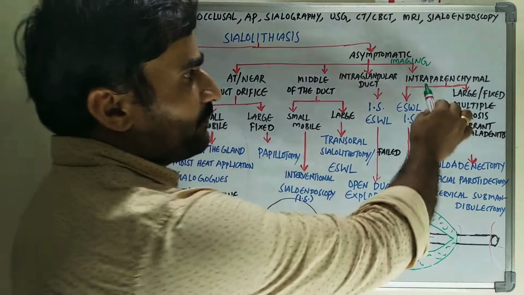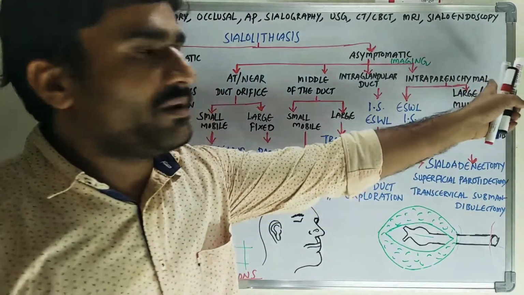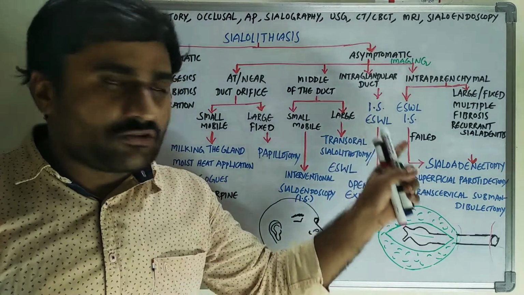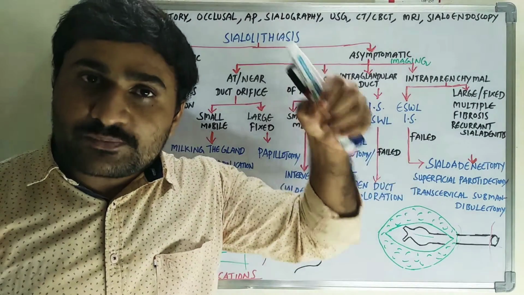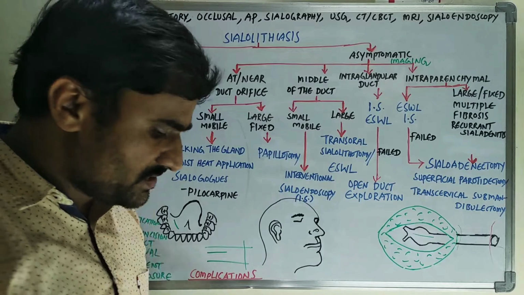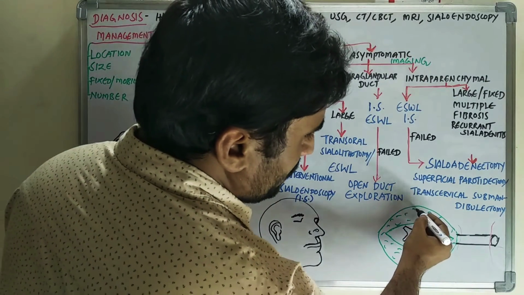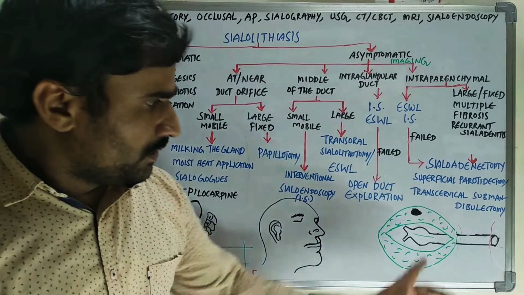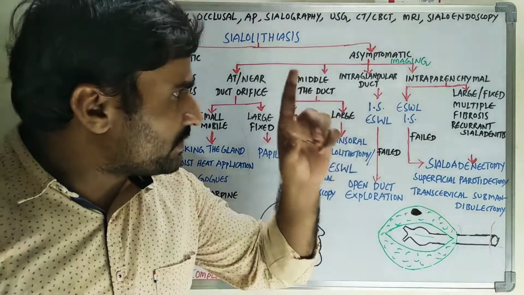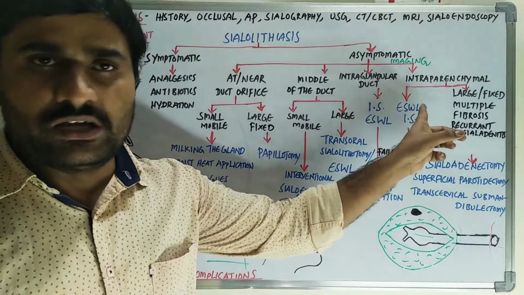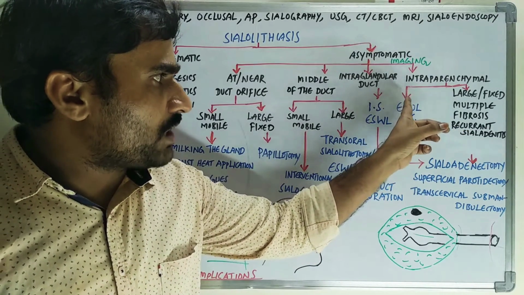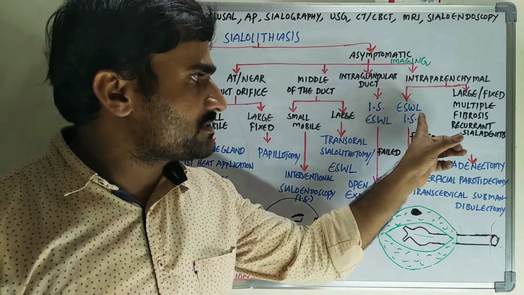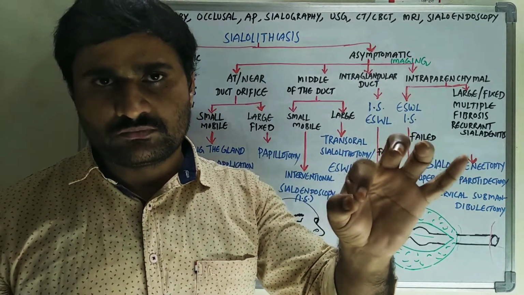In the case of intraparenchymal calculi location, that means calculi located within the substance of the gland, right? This is the calculi location, right? So in this case also, first you should try for ESWL, that is extracorporeal shock wave lithotripsy, or you can go for interventional sialoendoscopy if possible, right?